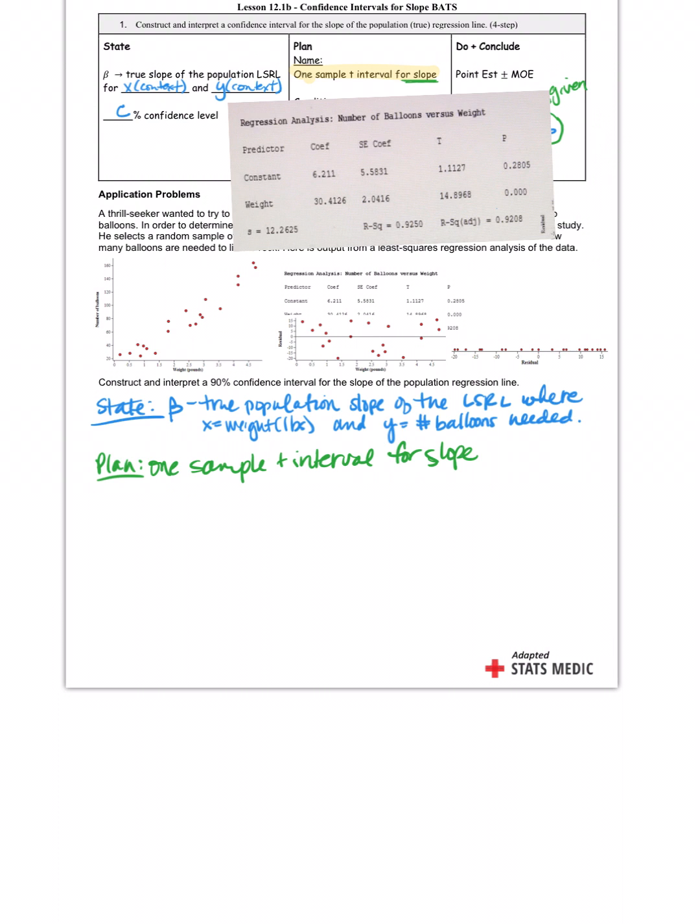Now we have to do the fabulous 5 conditions of the LINER. I promise you're not going to have to do this many times, but I want to model how to do it, so when you have to, if you have to, you're not like, she never did it. Yes, I did. Okay? L stands for what? Do you remember? Linear. How am I going to know if it's linear? Look at the scatter plot. Does it appear linear?